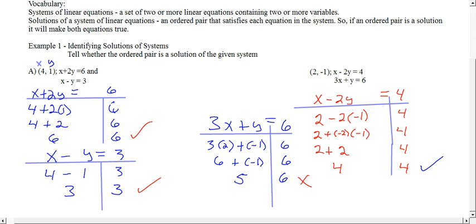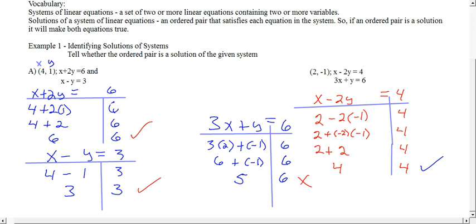Now remember, I don't think we really delve into this, but if you are solving this system and the first is true, in this case 2 plus 2 is equal to 4, and of course 4 is equal to 4. Now we look at the second one and we have 6 plus a -1 is equal to 6, and 5 does not equal 6.